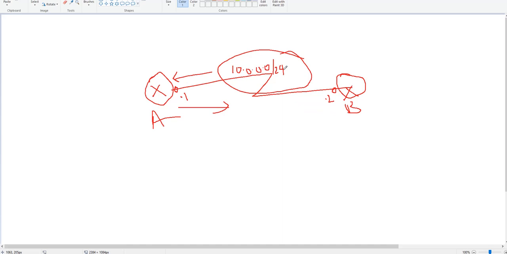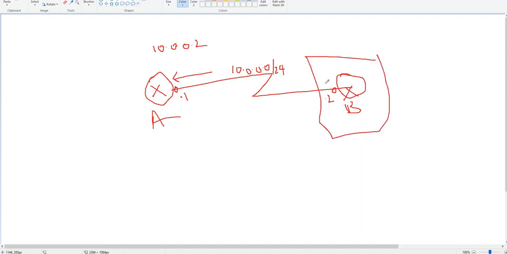EIGRP, and ISIS. But in BGP, in router A I have to define who is my neighbor. So 10.0.0.2 is my neighbor, and he is located in an AS number, because in BGP the routers are identified by the AS number they belong to.